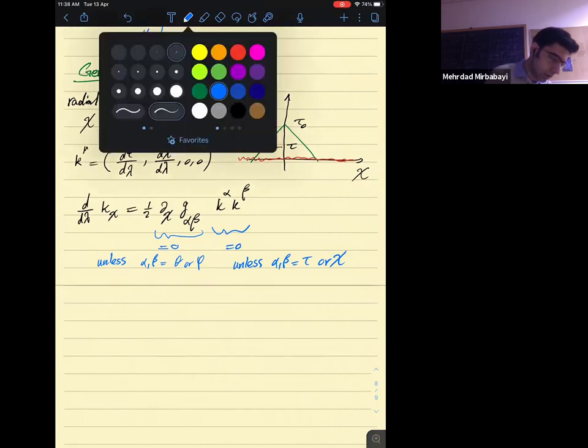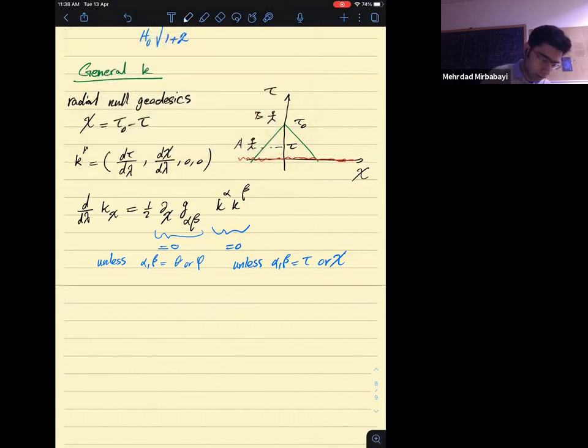So therefore, this whole thing is equal to 0. The right-hand side is equal to 0, which means that k chi is equal to constant. And then the rest of the argument follows as before. So again, the signals that were sent at earlier times will be redshifted by the same factor, A naught over A.